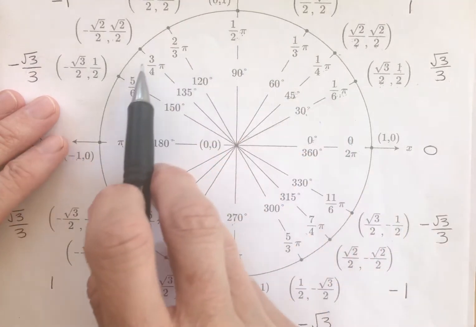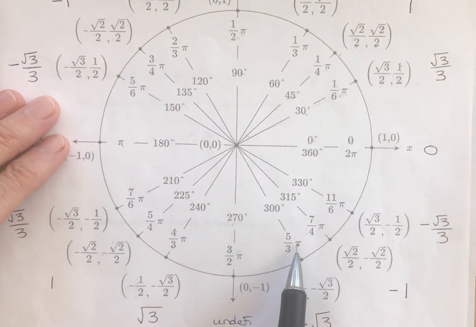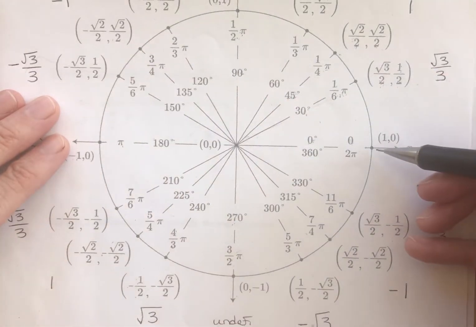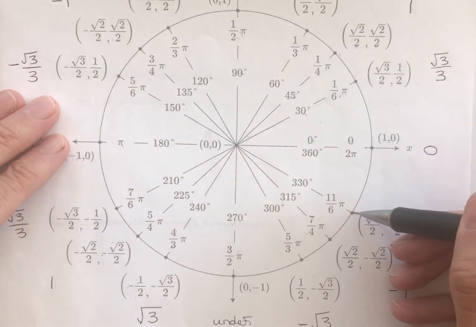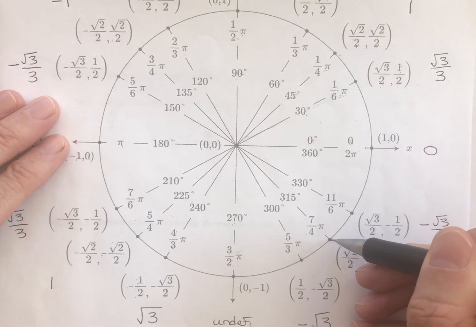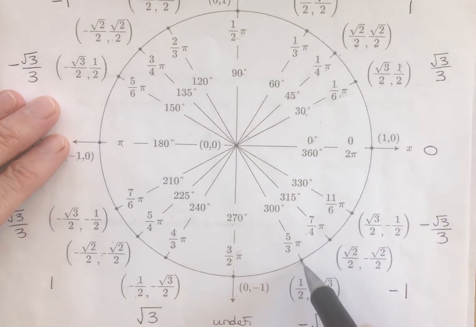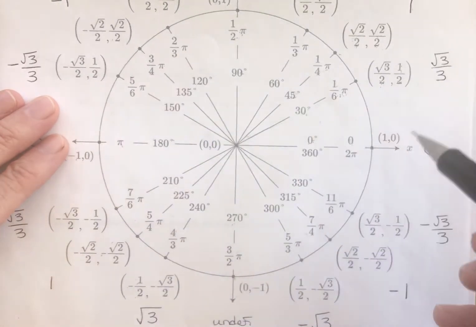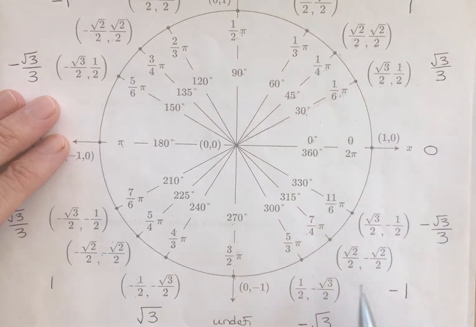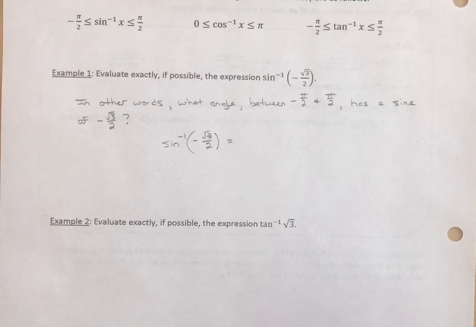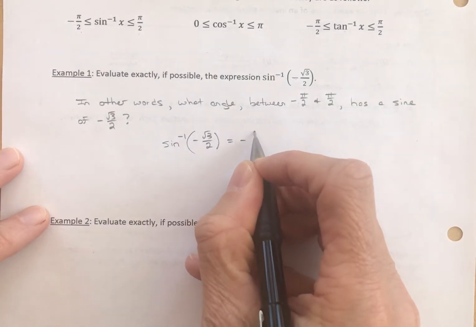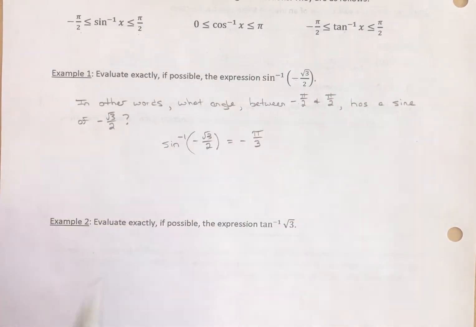If I go around the unit circle this way, it's 5 pi over 3, but I'm restricting myself to be between negative pi over 2 and pi over 2, so I'll go back. Negative pi over 6, negative pi over 4, negative pi over 3. So between negative pi over 2 and pi over 2, the angle that gives me a sine of negative root 3 over 2 is negative pi over 3. Okay, negative pi over 3 is how that works.